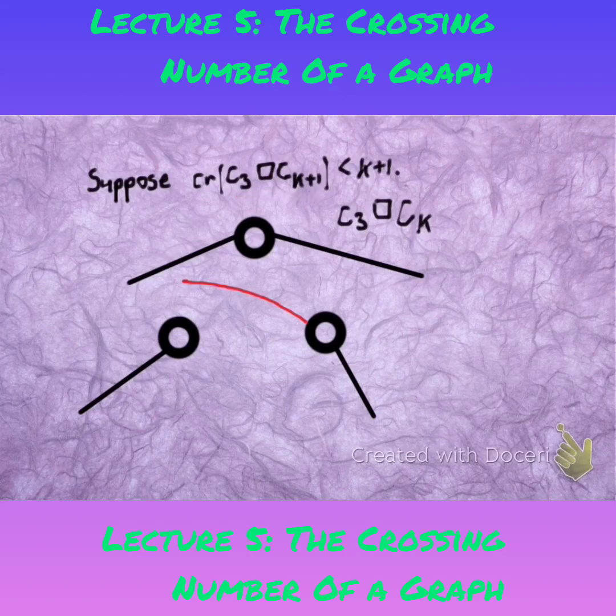Because with a subdivision you don't introduce any new crossings, this implies that the crossing number of C3 C_k is at most k minus 1, which is a contradiction.